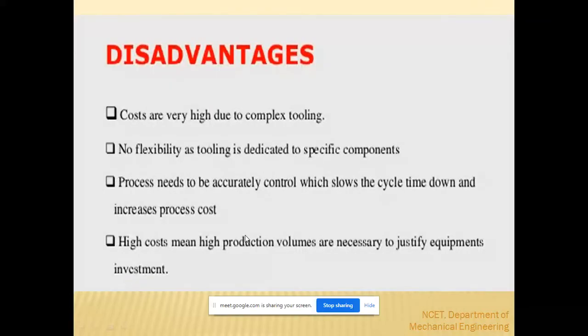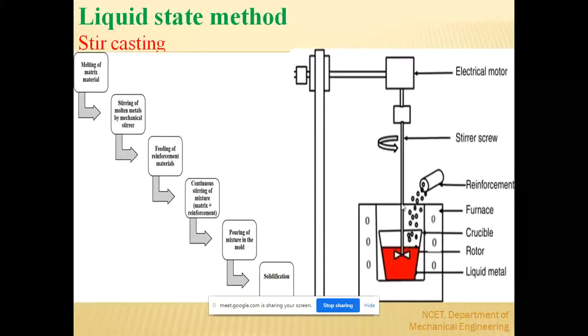Now come here, what are the disadvantages? The major disadvantage is that cost is very high due to complex tooling. See, there are different processes here. The furnace itself is costly, melting is hazardous, and the stir motor cost and maintenance cost are going to be very high.